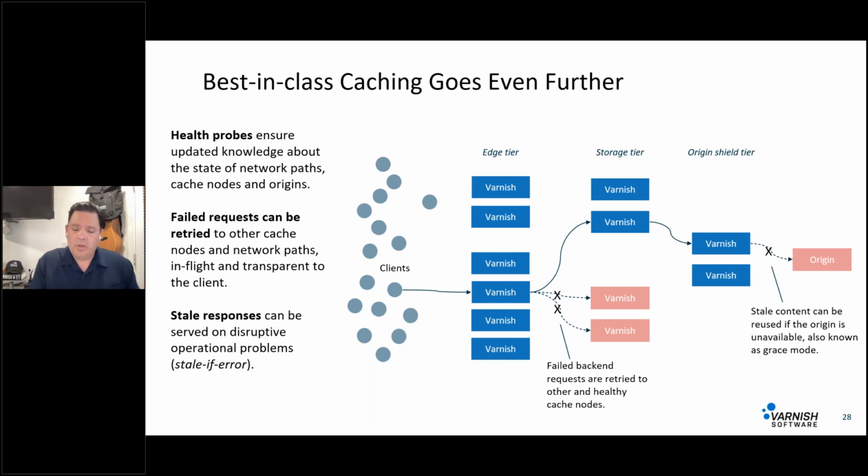But when you combine the different tactics I just went over, along with the ability to customize and run logic at the edge, you get a very, very powerful solution which can significantly optimize costs, significantly reduce API calls, significantly reduce ingress and egress fees, and it can also be used to improve performance.